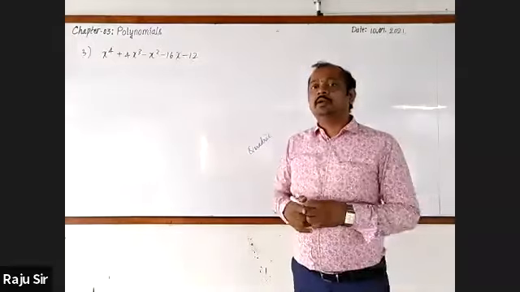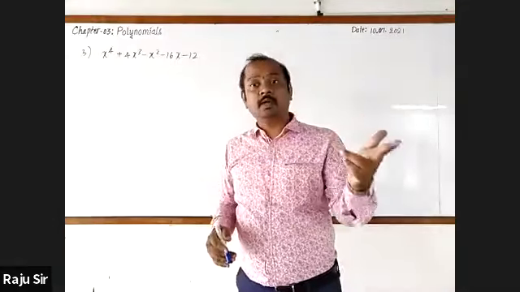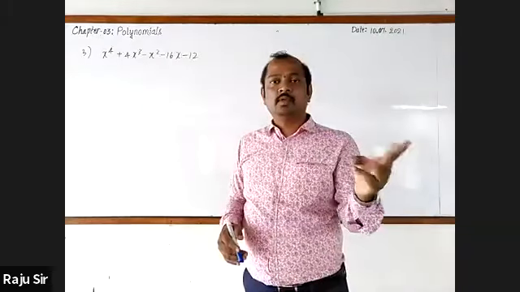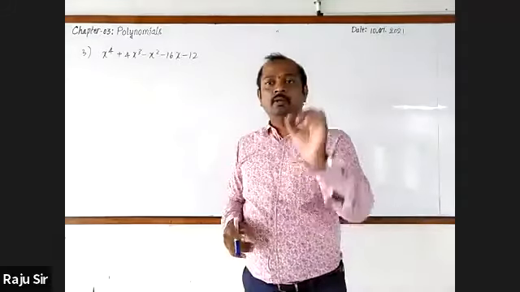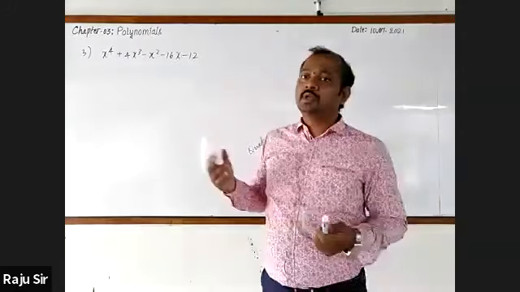We have learned how to factorize when a quadratic polynomial is given and also a cubic polynomial. Particularly in a cubic polynomial, first we find one factor. Here also you can do the same.